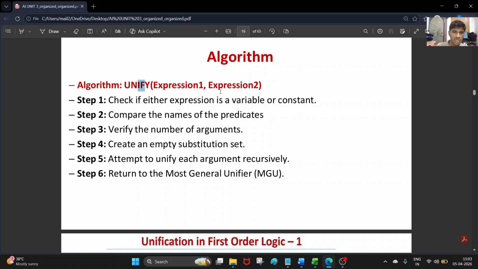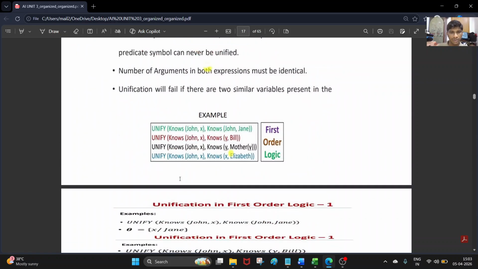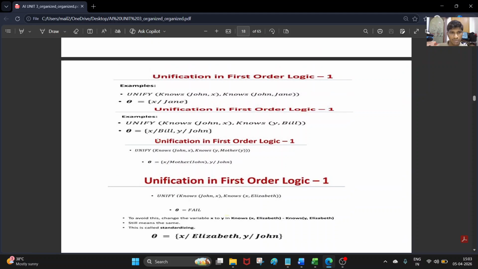Attempt to unify each argument recursively, both arguments. Then return the MGU. What is MGU? Most general unifier.